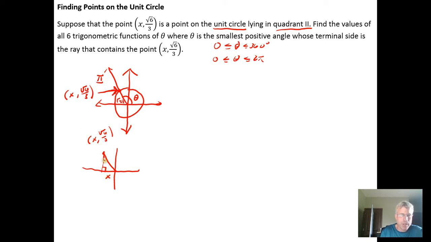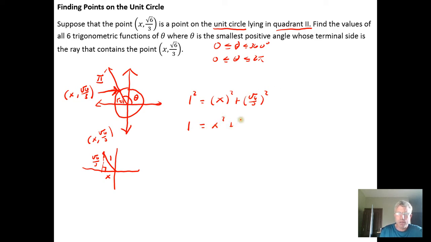The signed width is x, but I know the height, the y coordinate is root 6 over 3, and I know the radius is 1. So using the Pythagorean theorem, the square of the hypotenuse is equal to the sum of the squares of the legs of the triangle, and one leg is x, that's the unknown distance, and the other leg is root 6 over 3, and then we just do some simplifying.